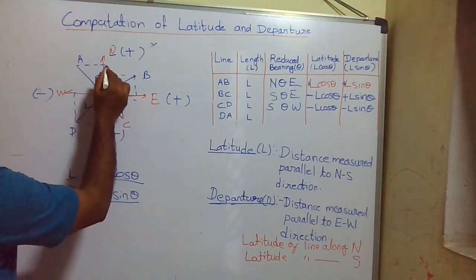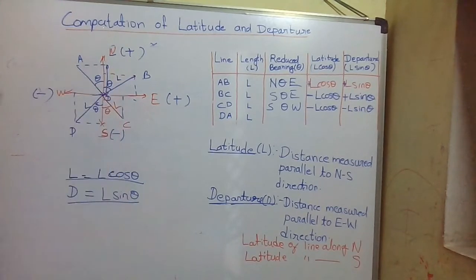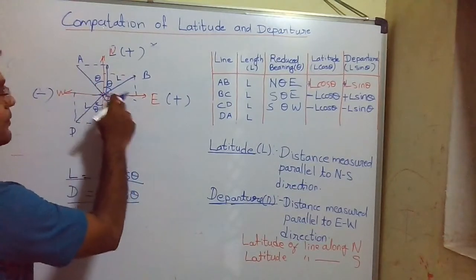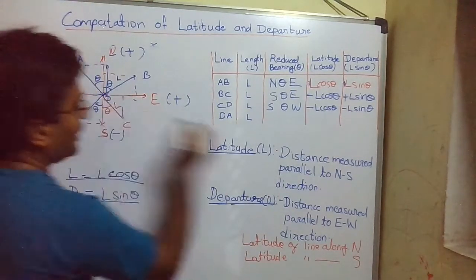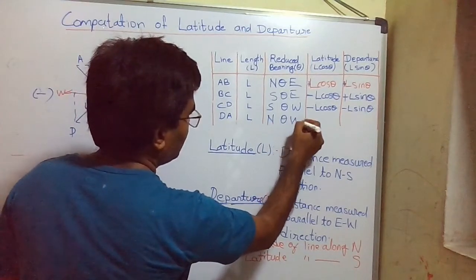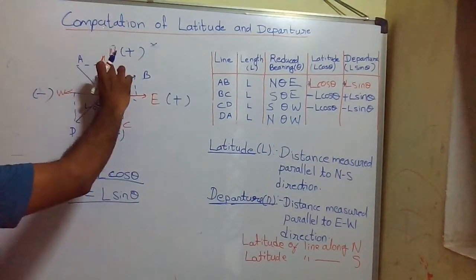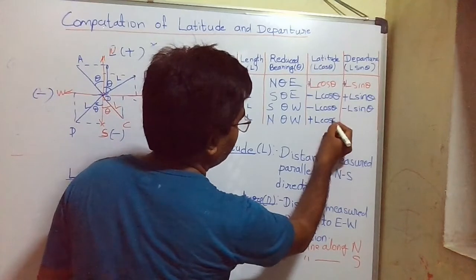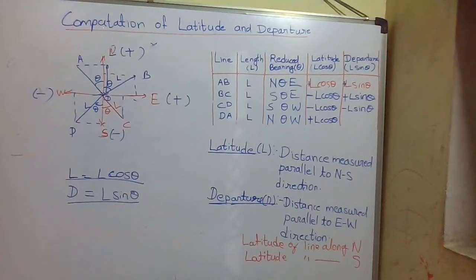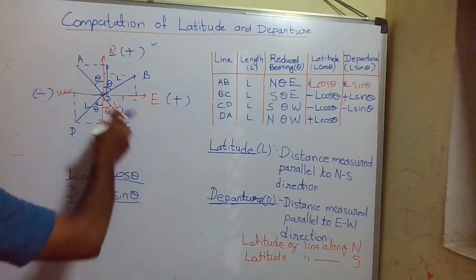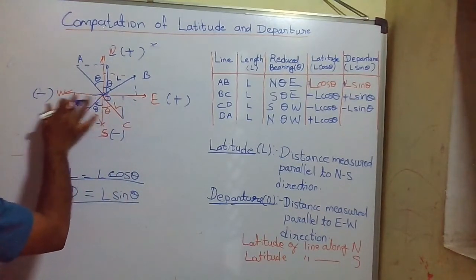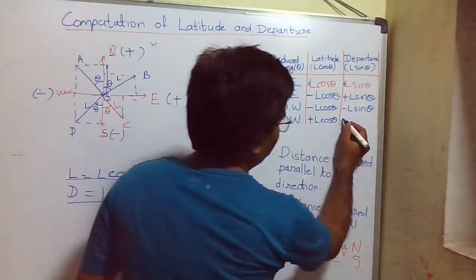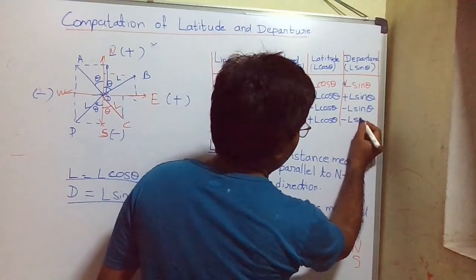It is parallel to the north, so it will be positive, that is plus L cos theta. And what is the departure of this line? It is towards the west, so its sign is minus, that is minus L sin theta.